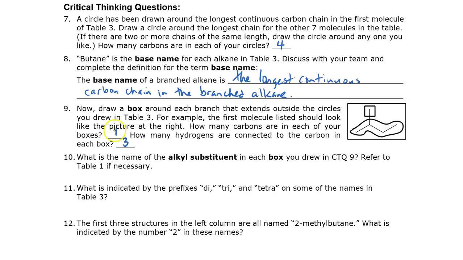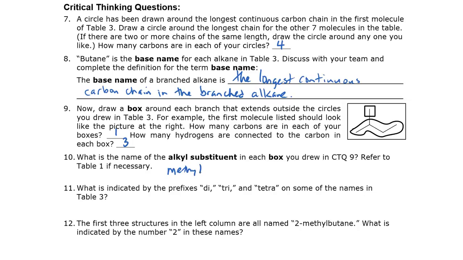The one that has 1 carbon and 3 hydrogens. Look back at table 1. Pause now. So that's called methyl. Right? If it had 2 carbons, it would be ethyl, 3 would be propyl, etc.